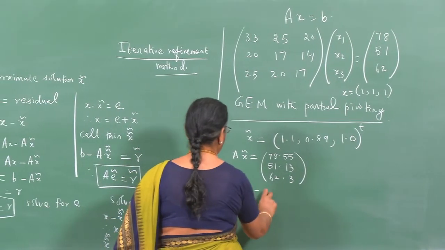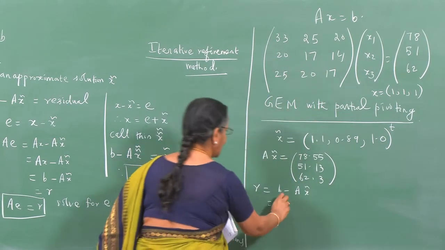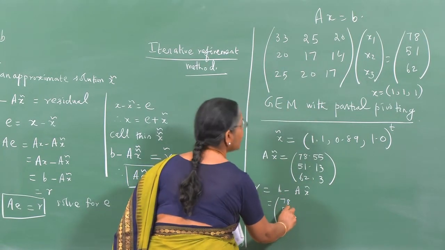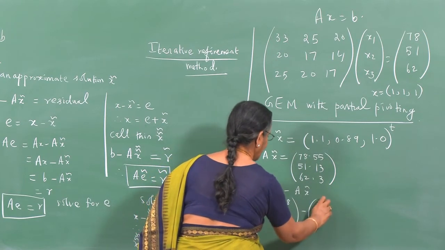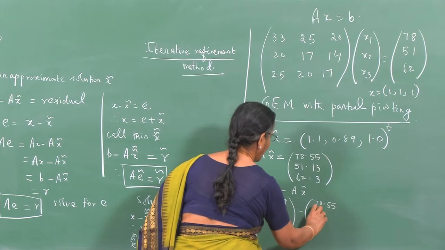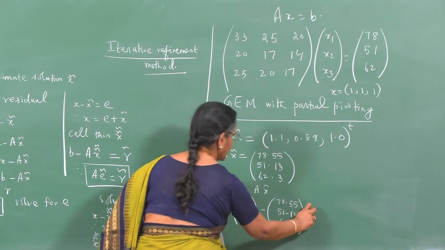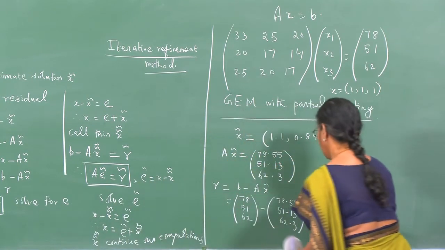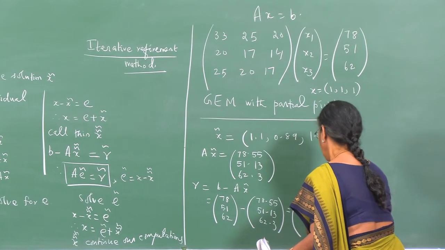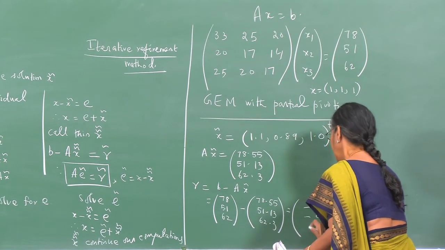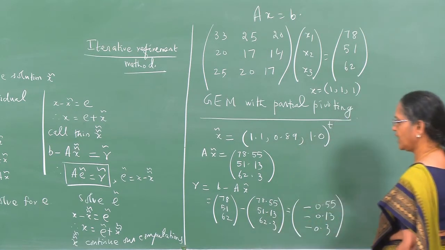It is b minus A x tilde, and my b is the right hand side vector 78, 51, 62 minus A x tilde, which is 78.55, 51.13, 62.3. So, the residual vector is minus 0.55, minus 0.13 and minus 0.3. So, this is my residual vector.